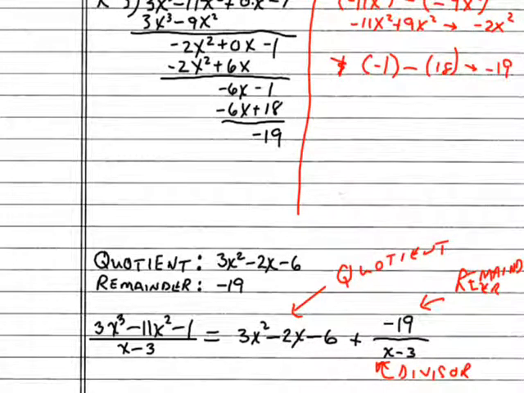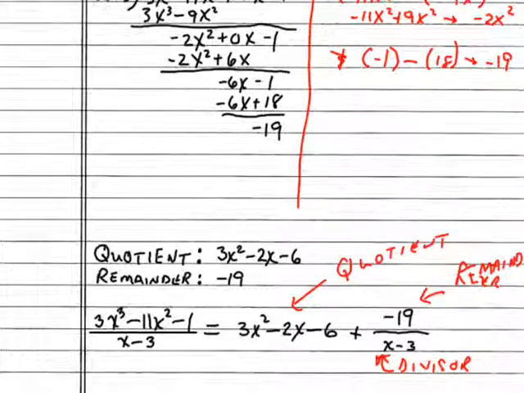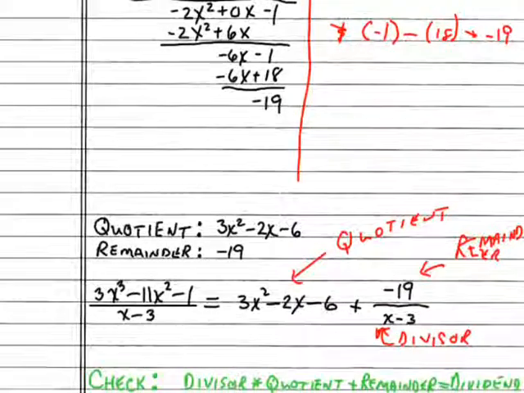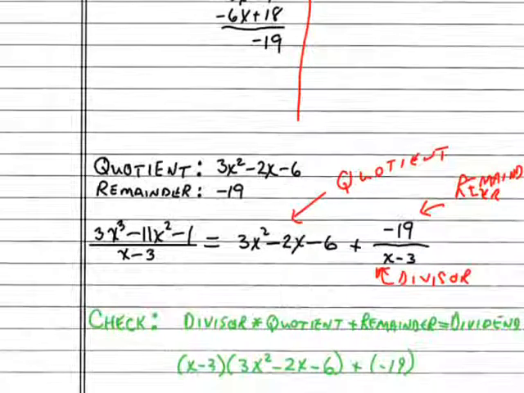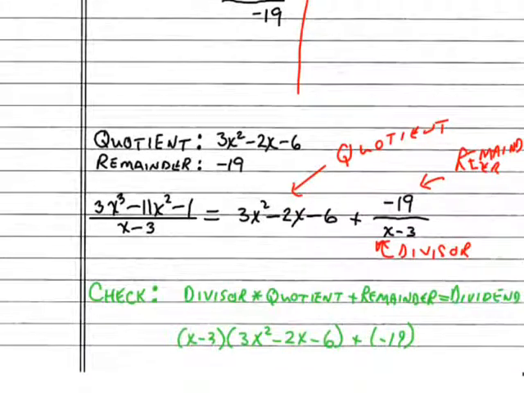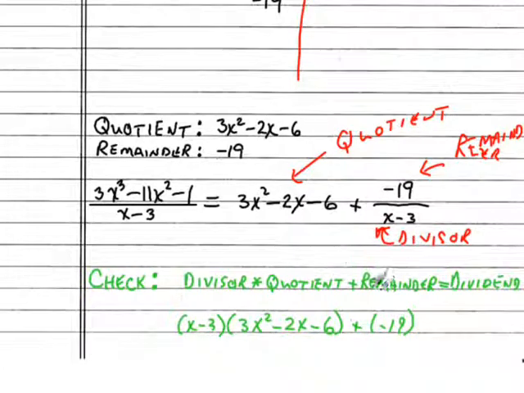Now, we also learned how to check a division problem when we have a remainder other than 0. So let's remember how that looks. In this case, we had the remainder. When there's not a remainder, the check would be divisor times quotient, plus 0 remainder, or just divisor times quotient, has to be equal to the dividend.